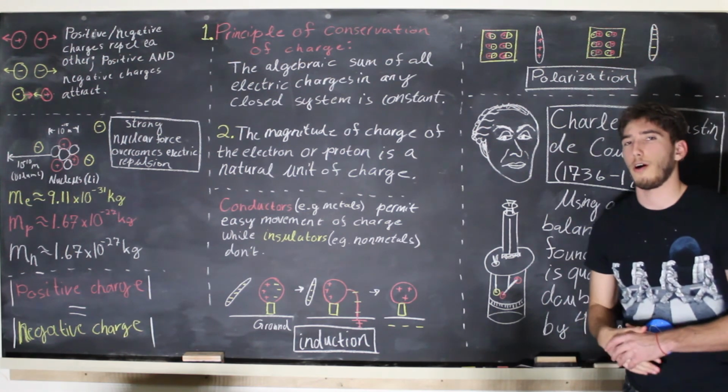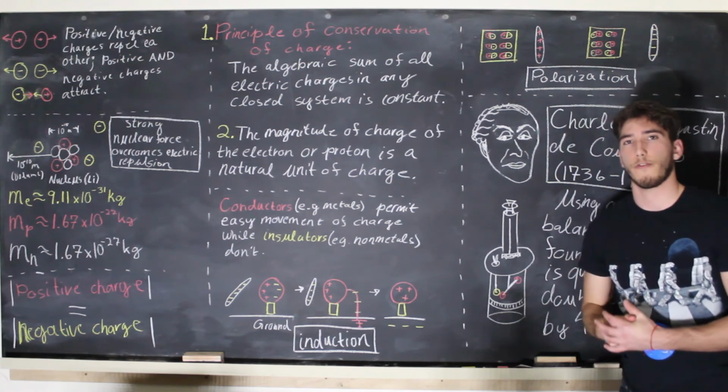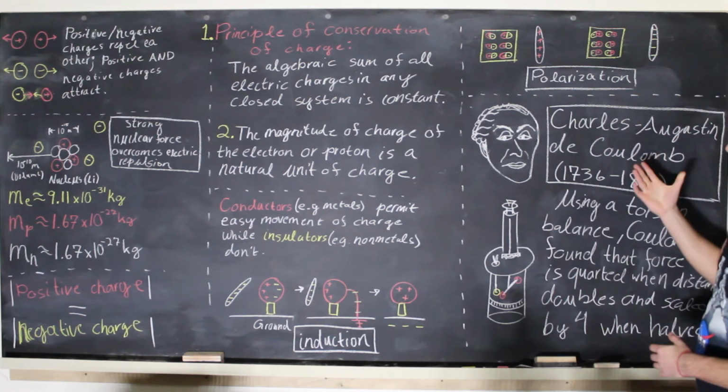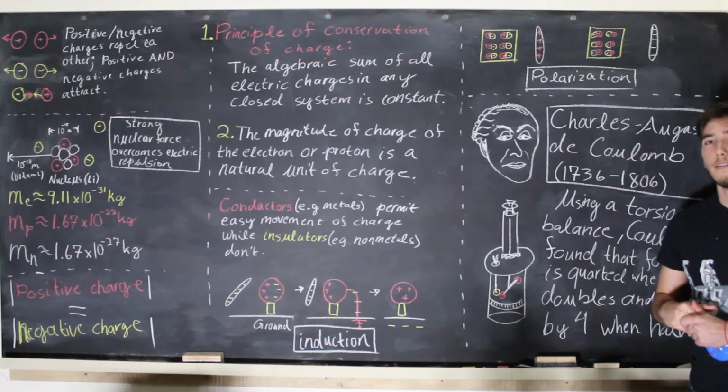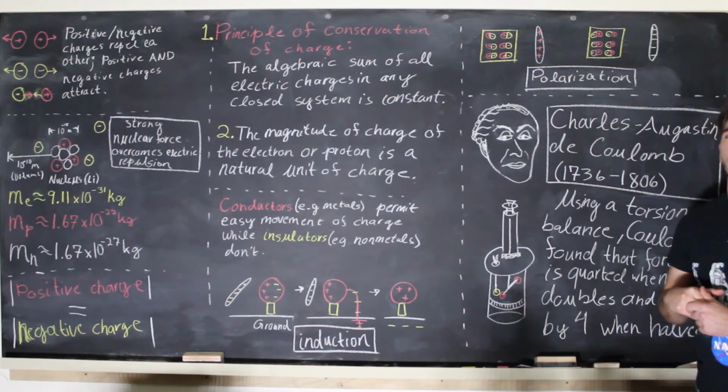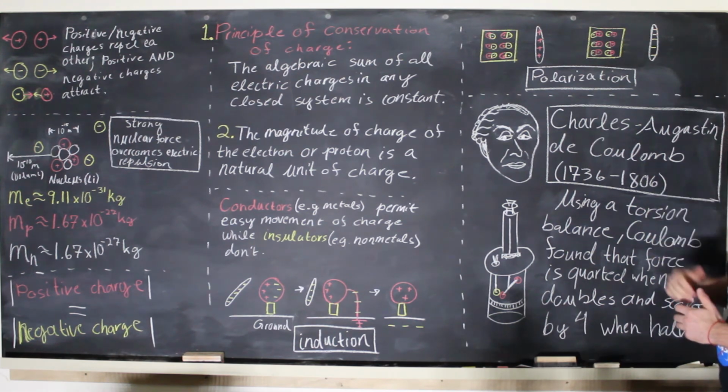Now, in the second video I will start talking about Coulomb's law, but for now, an introduction. This is Charles Augustin de Coulomb. He was born in 1736 and died in 1806, and he studied the interactions of charged forces within his lifetime.